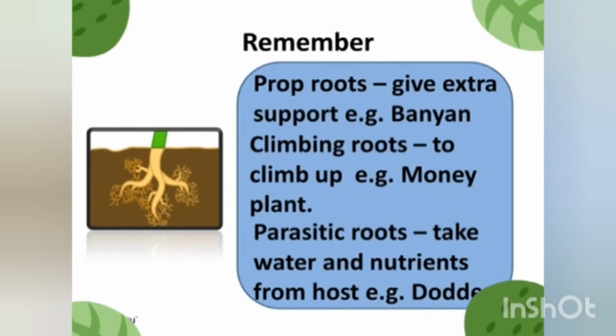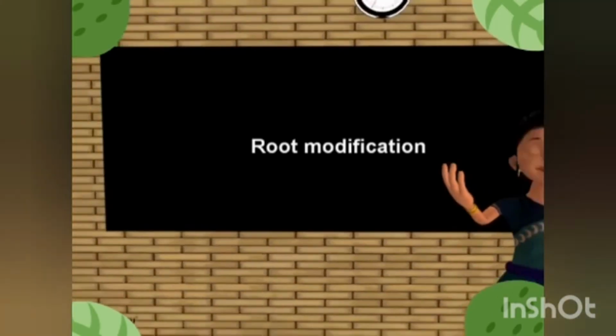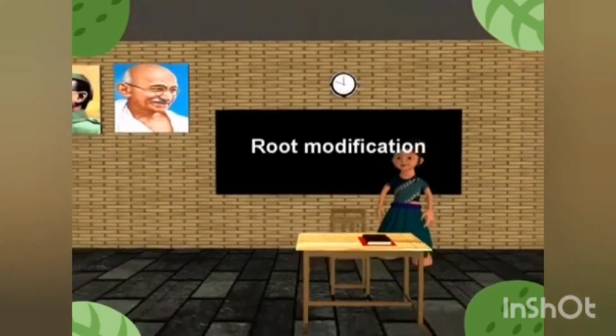Then the parasitic roots to take water and nutrients from the host, example Dodder plant. So that was all about the root modifications.